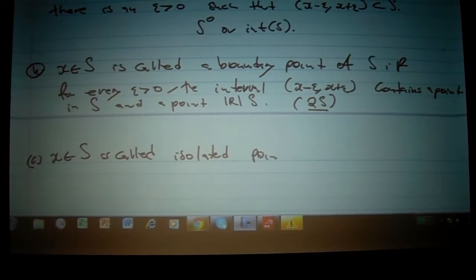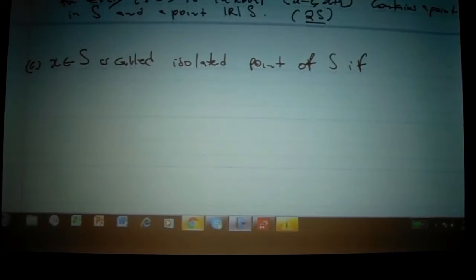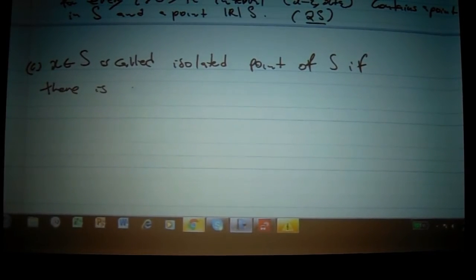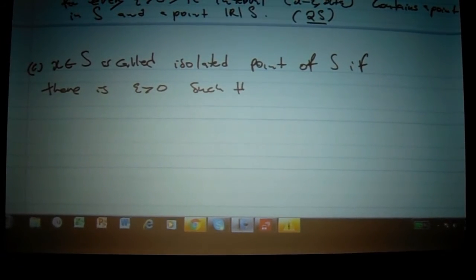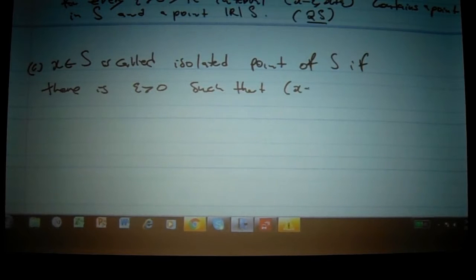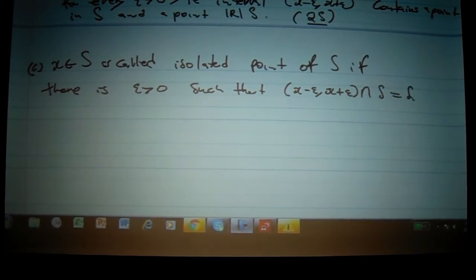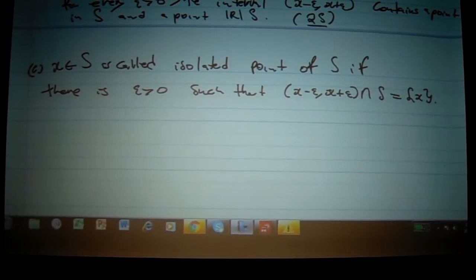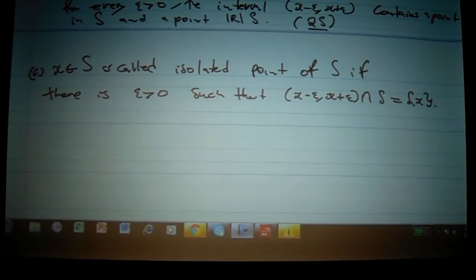So x is an isolated point of S if the following happens: if we can find epsilon positive such that the ball intersected with S will give us just x. Example? The singleton.